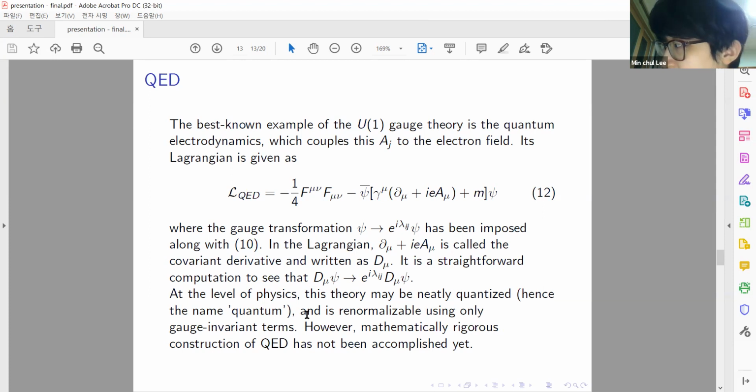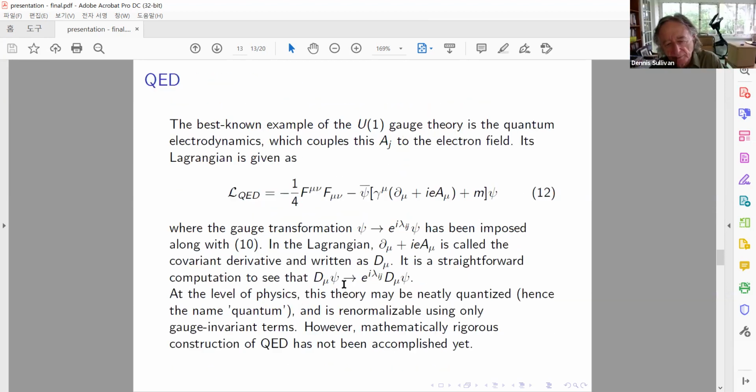However, a thesis by Joel Feldman shows that QED is renormalizable using only gauge invariant terms. It is a 180 page thesis, but it finally shows that QED is renormalizable in a gauge invariant fashion. However, a mathematically rigorous construction of QED has not been accomplished yet.